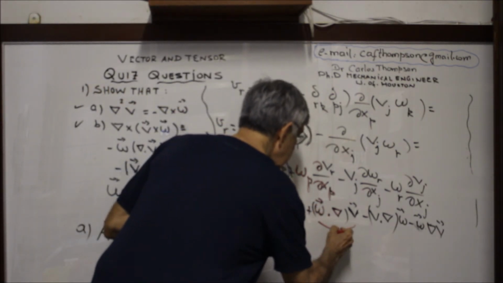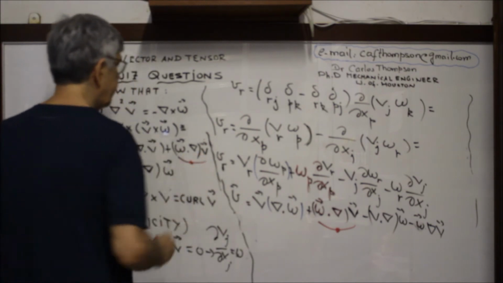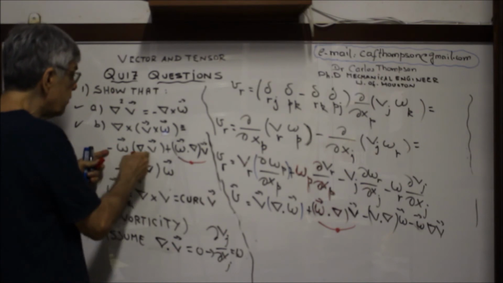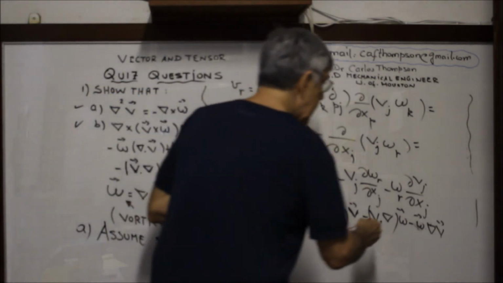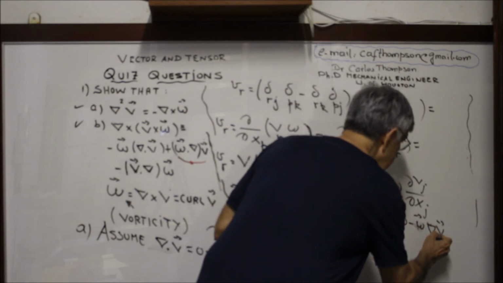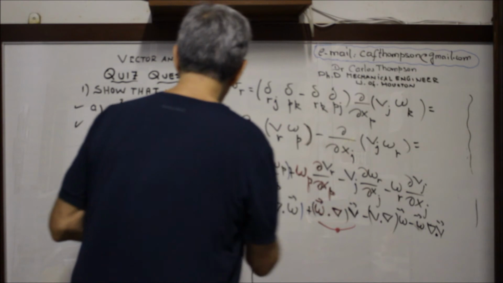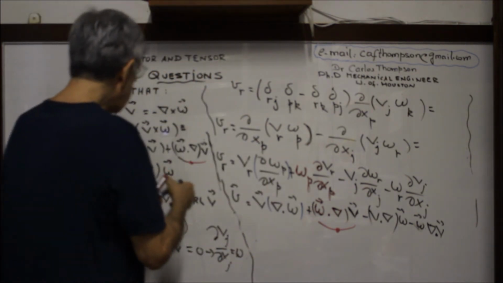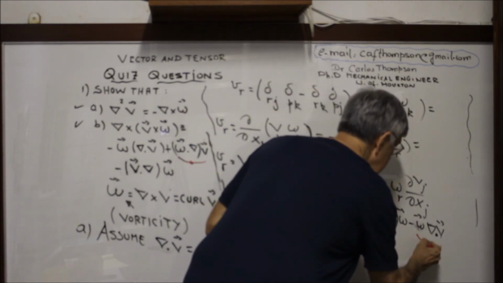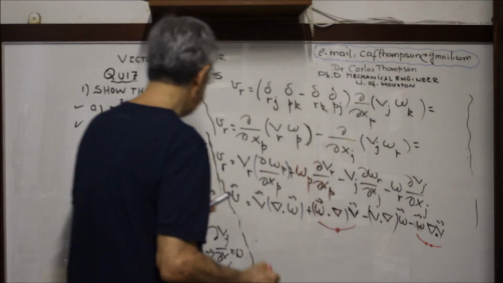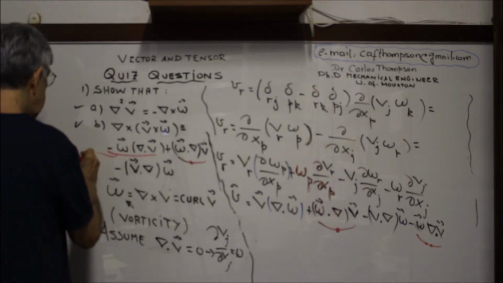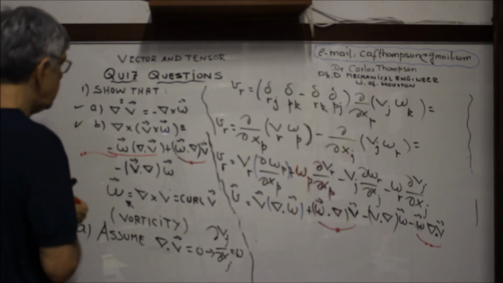See, let's put a dot here and a dot here. Now, let's see, minus the vector omega divergence V. Now, minus, there's a dot over here, don't forget this, there's a dot here, you see? Minus vector omega, divergence of V, it's over here, so let's put this, and put a double dot there, this over here is double dot, okay, right here.